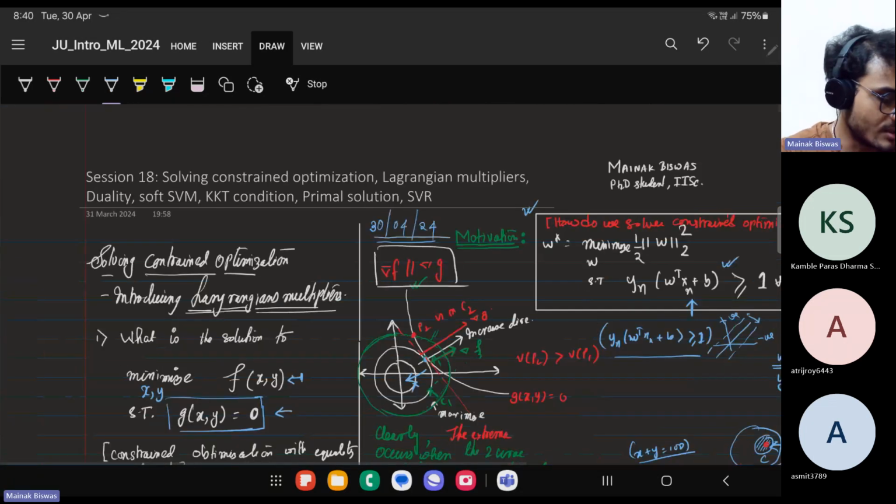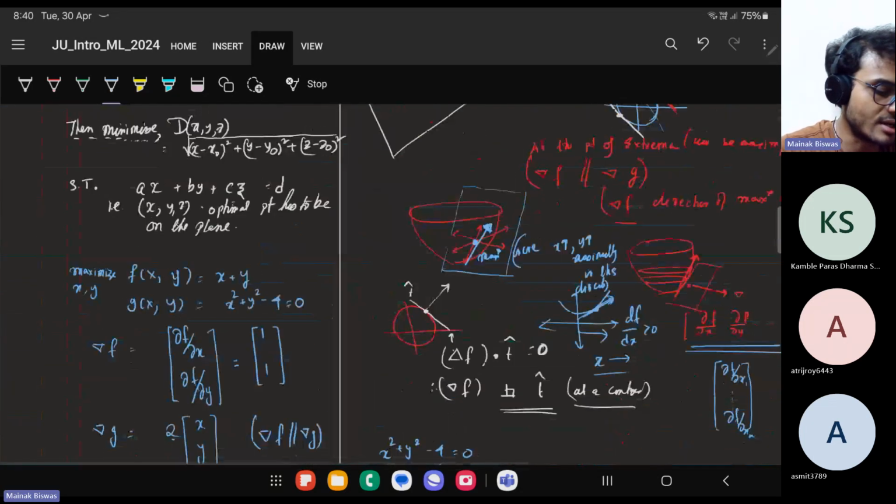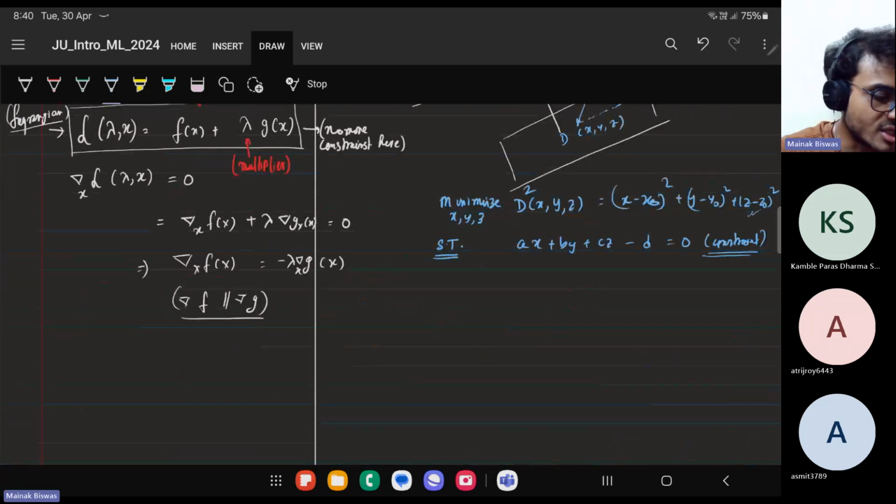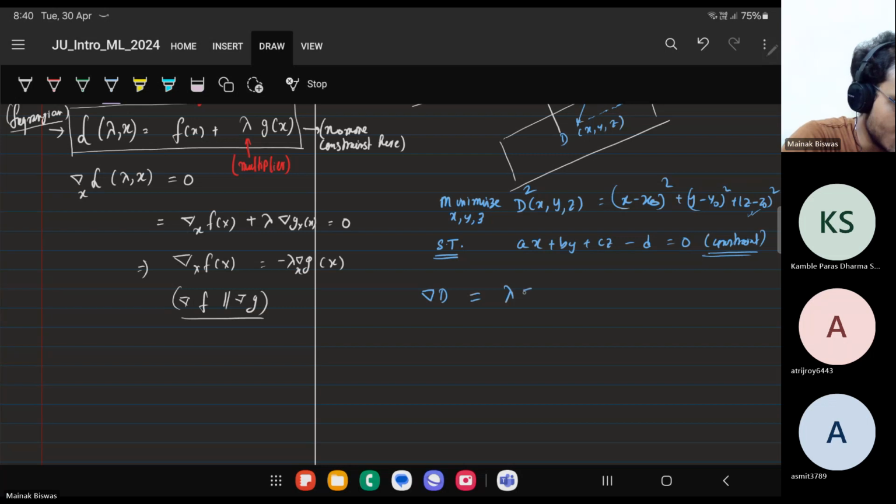So from this diagram, we have come to an understanding of how we can relate a constraint with the original objective. So if this is true, now what will I do? The gradient of d has to be parallel to, or say some lambda times, g of x, y, z. Yes or no?